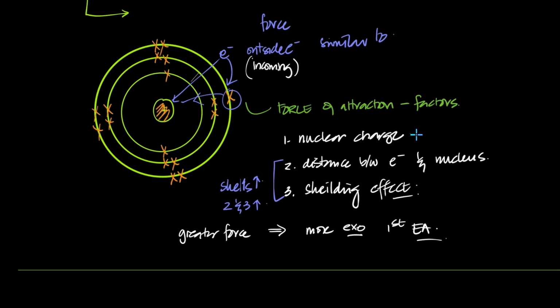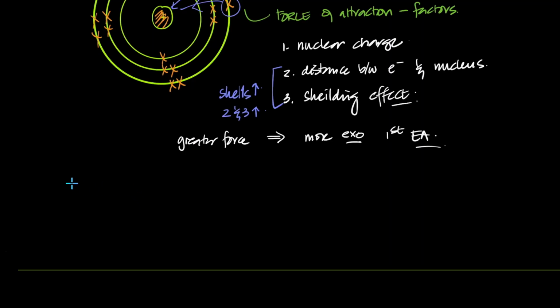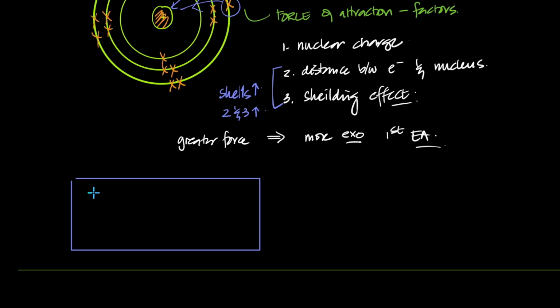But along a period, nuclear charge increases, but the shielding effect stays the same and the distance decreases. If you remember the periodic table, as you go from left to right, nuclear charge increases, therefore force of attraction increases, because across a period nuclear charge would increase, shielding would remain the same, and the atoms would get smaller.